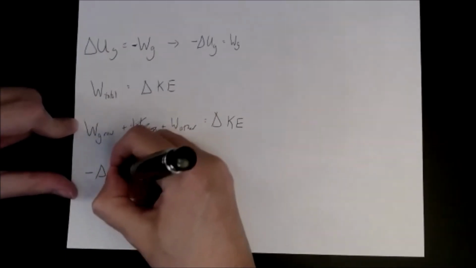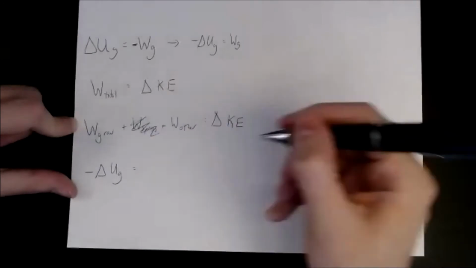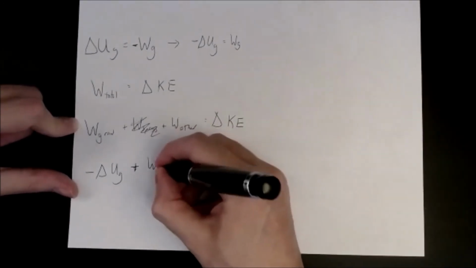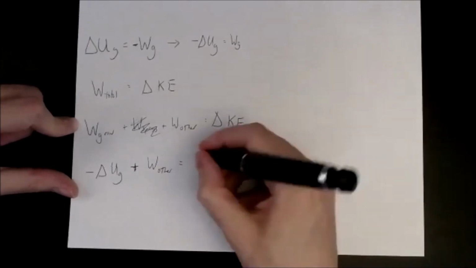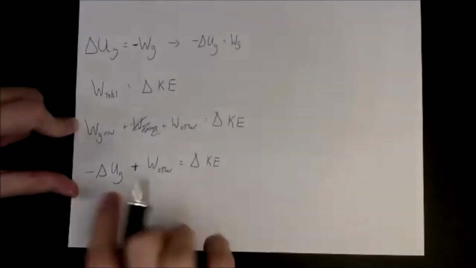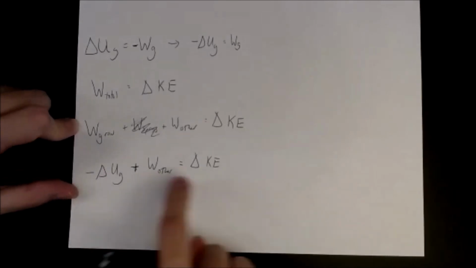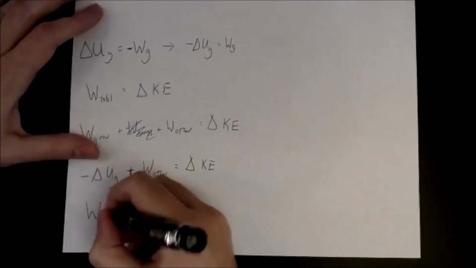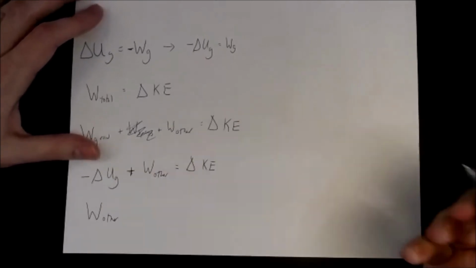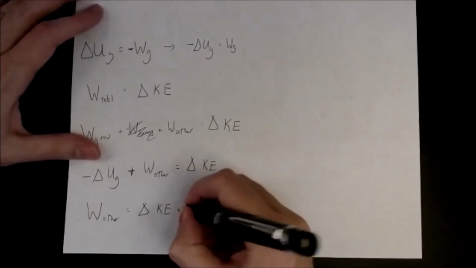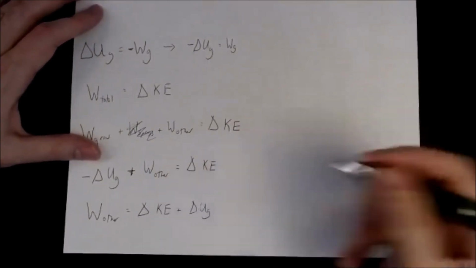Negative delta Ug, plus the work due to other things, is equal to the change in kinetic energy. I can add delta Ug to both, and I get work from other stuff is equal to the change in kinetic energy plus the change in gravitational potential energy.